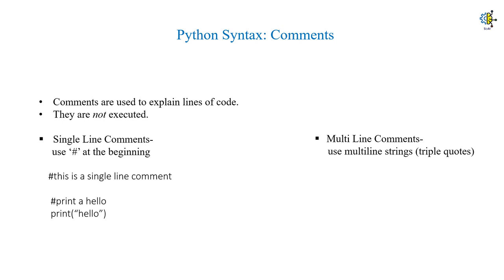As you know that unassigned strings will act as comments, they won't be executed. So you can use triple quotes to specify multi-line comments in Python, like this. So you just use triple quotes whenever you want a big block of comments to not be executed and to just be there as referential points or just as non-executable statements.